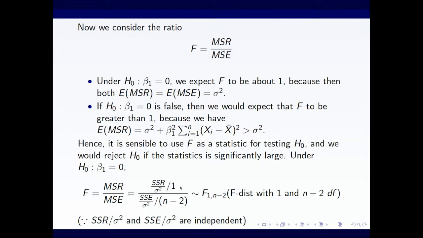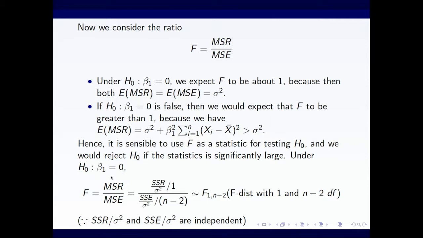So we have two chi-square variables divided by their degrees of freedom, and the ratio follows the F distribution with degrees of freedom 1 and n minus 2. So our ratio MSR divided by MSE has the F distribution with degrees of freedom 1 and n minus 2 under beta 1 equals 0.